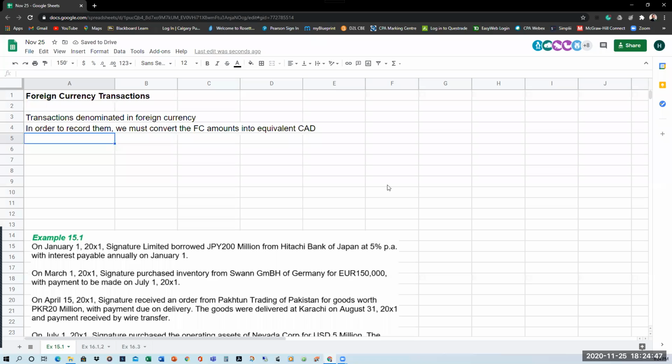To do that conversion, we use the spot rate on the date of the transaction.